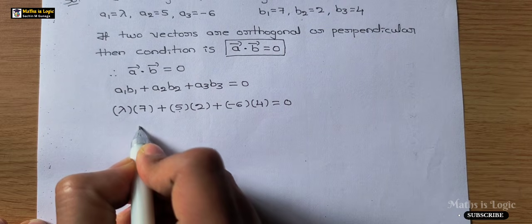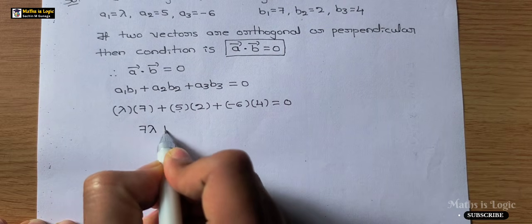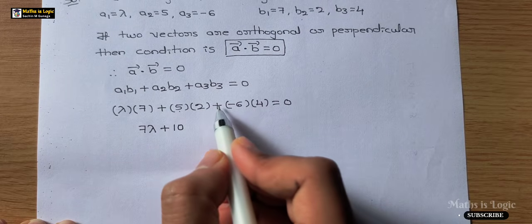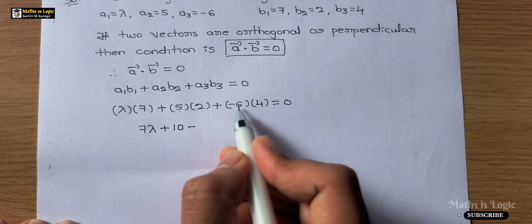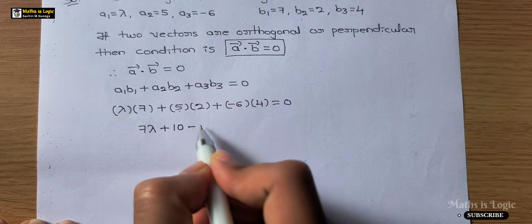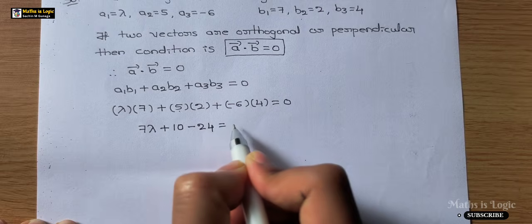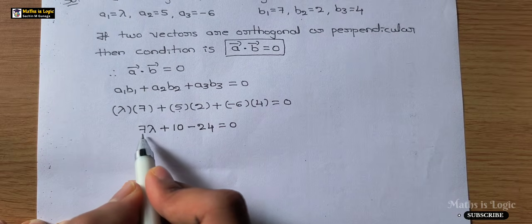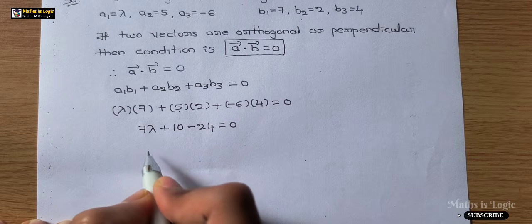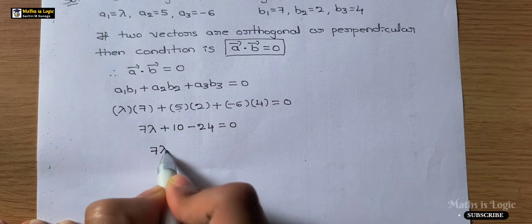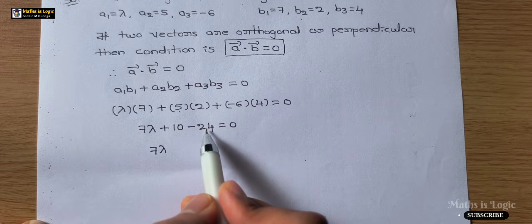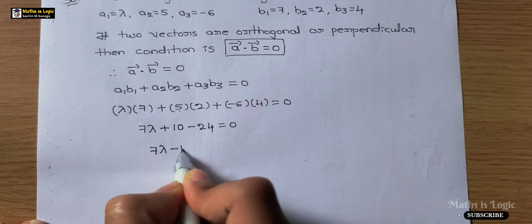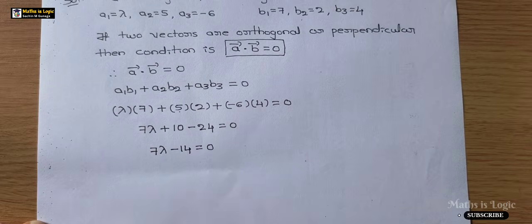Lambda into 7 is 7 lambda, plus 5 into 2 is 10. Next plus into minus is minus, 6 into 4 is 24, is equal to 0. Only one lambda is there, that is 7 times lambda, so I'm going to keep it as it is, 7 lambda. Next 10 minus 24 is minus 14, is equal to 0.